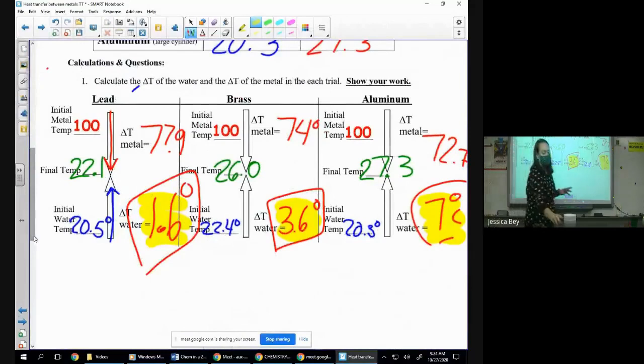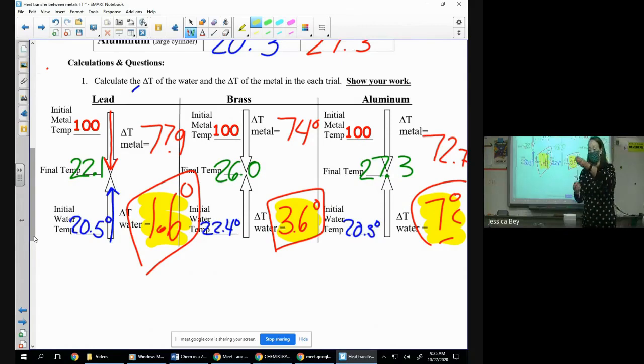Which metal do you think had the most thermal energy in it coming out of that hot water if these are the results you got? What do you think? Who do you think? Talk to me. I think aluminum. Yes, tell me why. Because it increased the water temperature by 7. Absolutely.